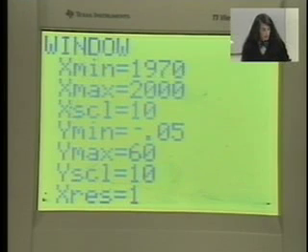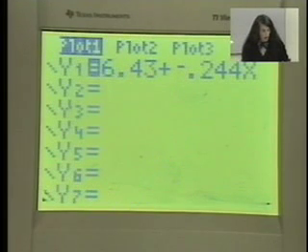That's fine. Now it says be sure to deselect or clear all equations before graphing. And to deselect the equations, we press the y equals key, which is at the top. And notice I have an equation there. It says if any equations appear, arrow over to the equal sign and press enter to deselect it, and continue until all equations are deselected.